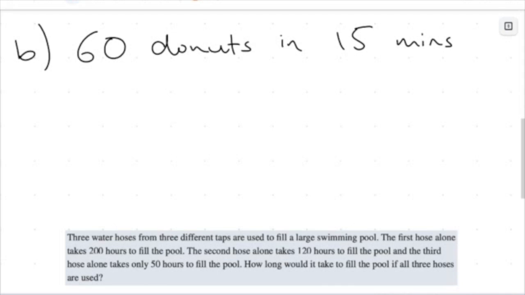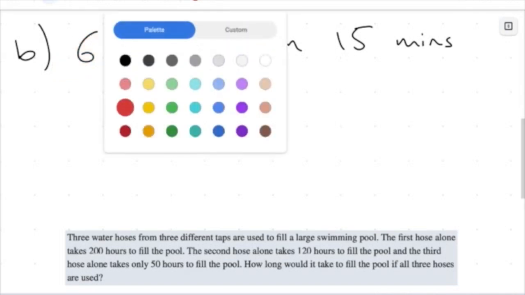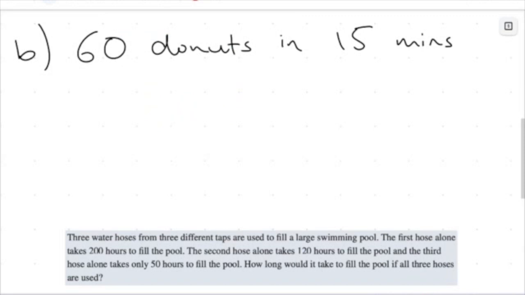But now, instead of looking at something per minute, we're looking at how many minutes it'll take to find a certain amount of donuts. And that we can approach in the exact same way. I want to find how long, sorry, it'll take to sell 800 donuts. So I want to get from 60 to 800.